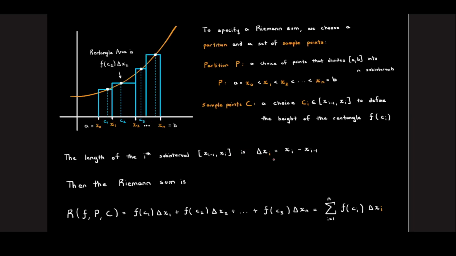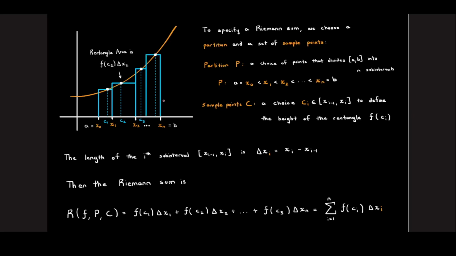But not anymore. The delta xi depends on which interval you're on. So each interval could possibly have its own unique length. So this takes care of the width of each rectangle. The width of each rectangle is going to be delta xi. For example, the width of the first rectangle is delta x1, the width of the second rectangle is delta x2, and so on and so forth.